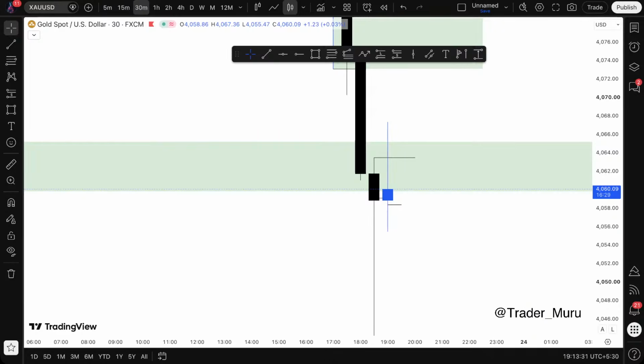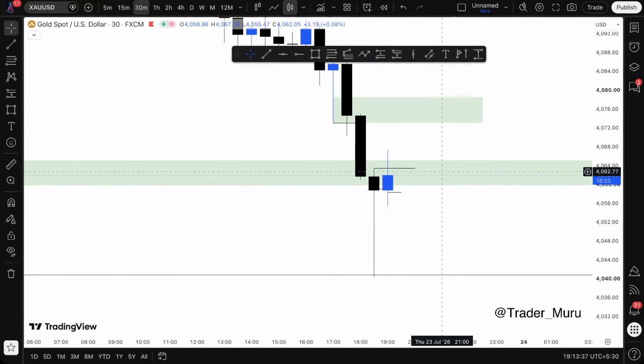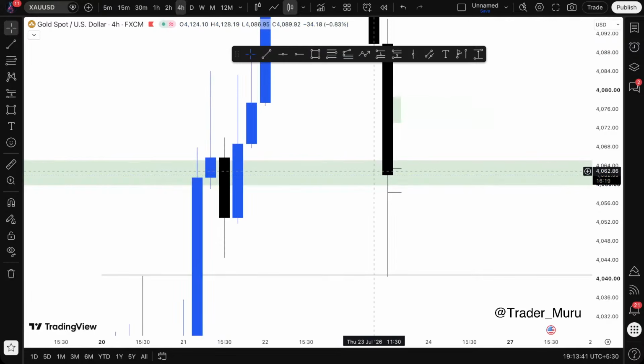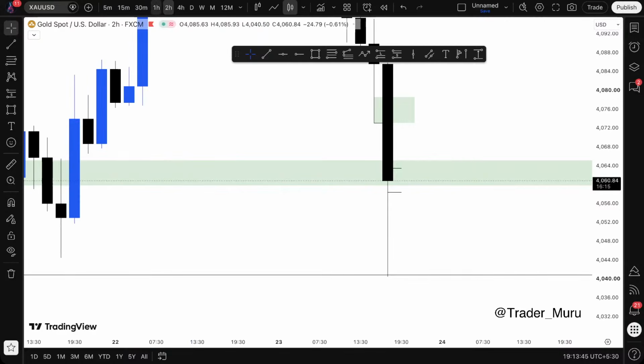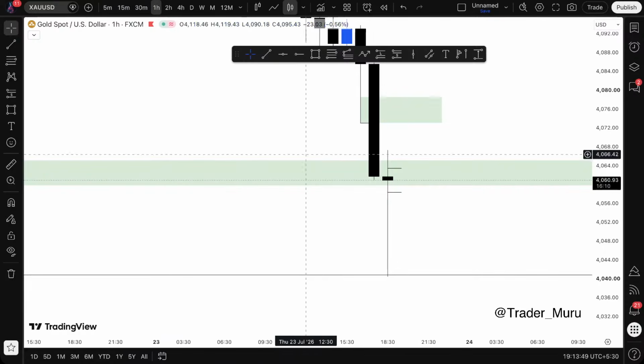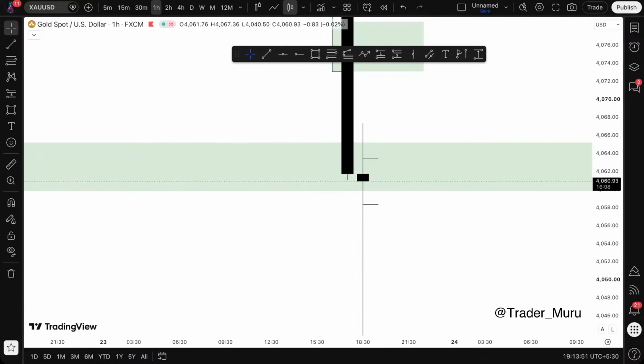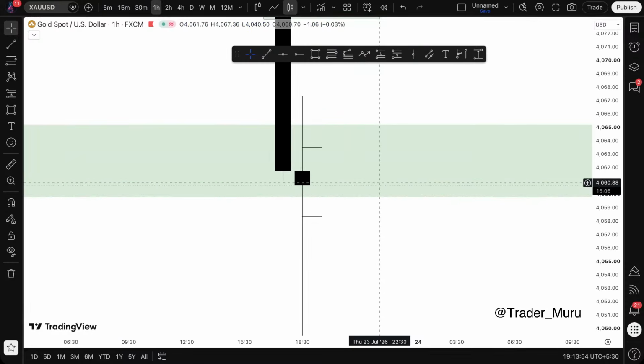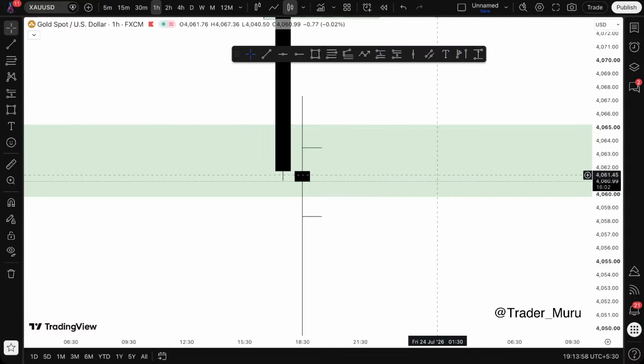One hour is also about to close in 15 minutes, and it will be the closing of the 4-hour candle. Close it below 61.